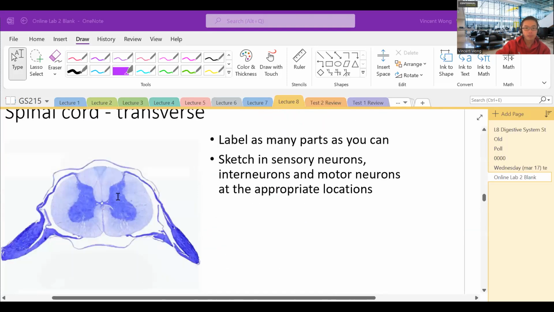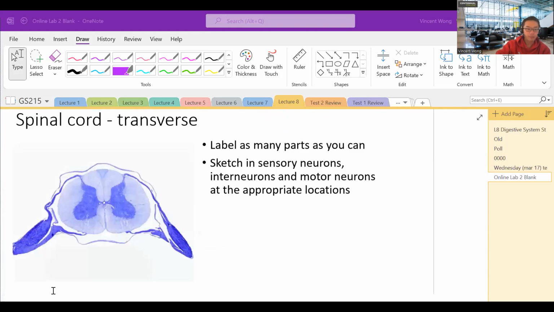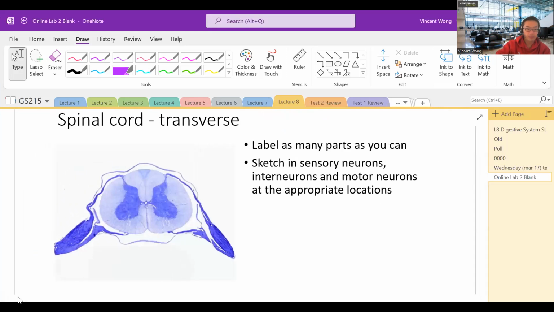Moving on. Label as many parts as you can from the spinal cord section here. Okay, so we did this before, right? Sensory information is gonna come in from the back.